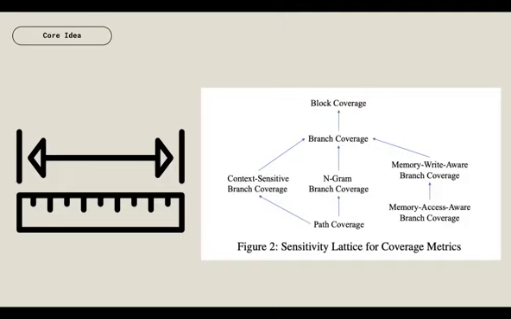Basically, one coverage metric is considered more sensitive than another if it can distinguish more execution behaviors. So one that tracks a full execution path is more sensitive than one that can only track the edges. However, not all metrics can be directly compared. Some may detect different types of behavior rather than strictly more or fewer. Because of this, they form a partial ordering structure, which is the lattice, rather than just a simple 1, 2, 3 ranking.